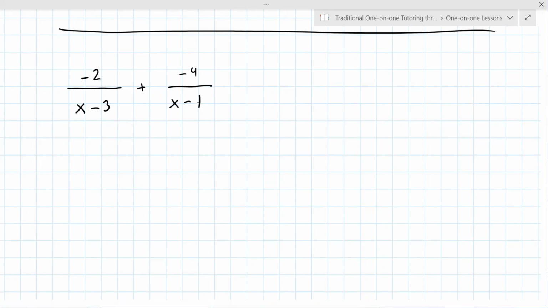Let's go -2 over x minus 3 plus -4 over x minus 1. Give this a try, please.